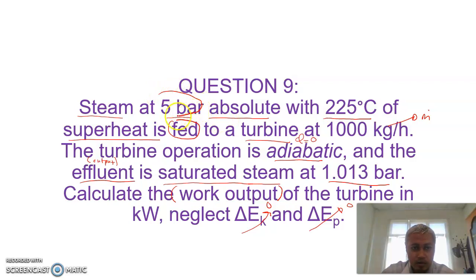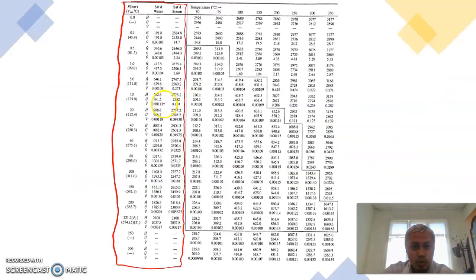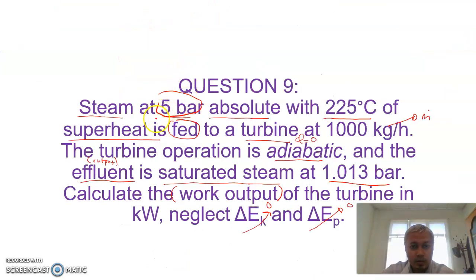That's why we need to go to superheated steam, even though it mentions saturated steam. And here it mentioned also about superheat, right? So we know that we need to refer to the superheated steam table.